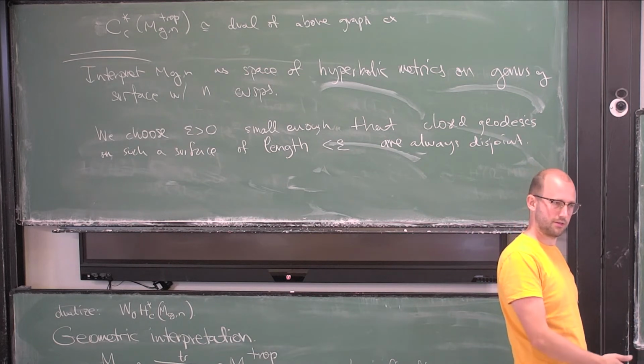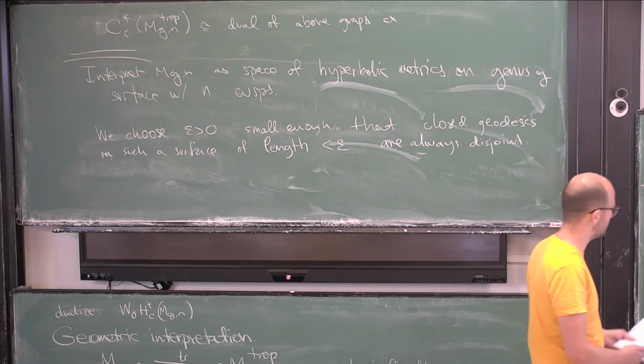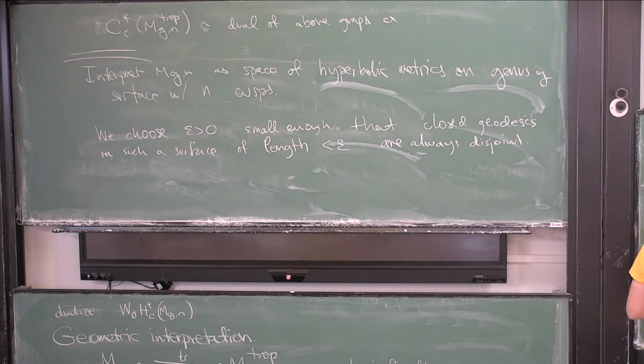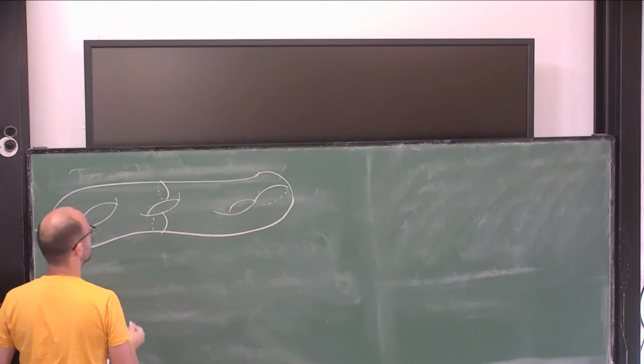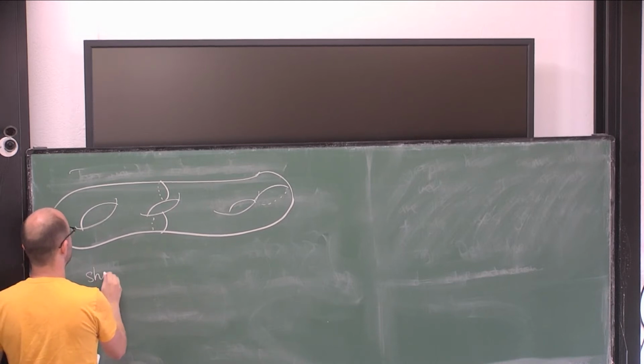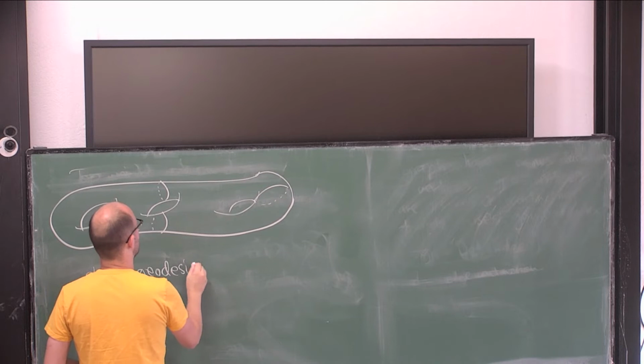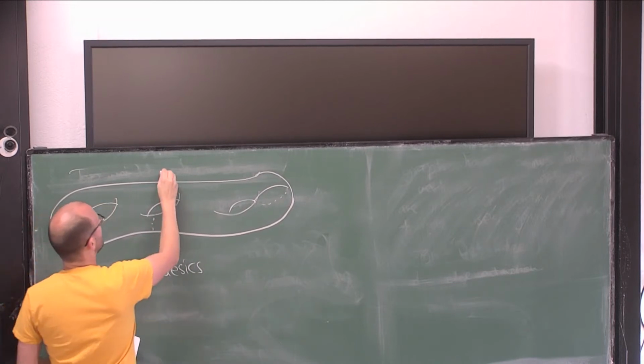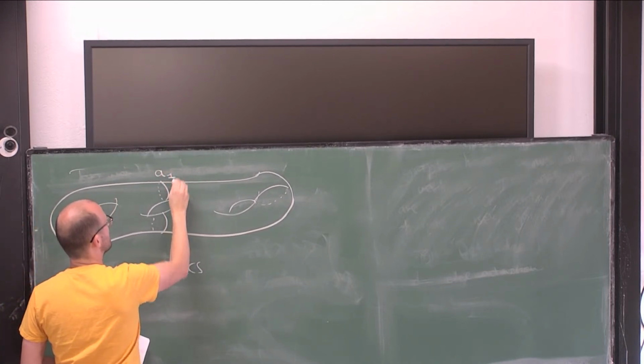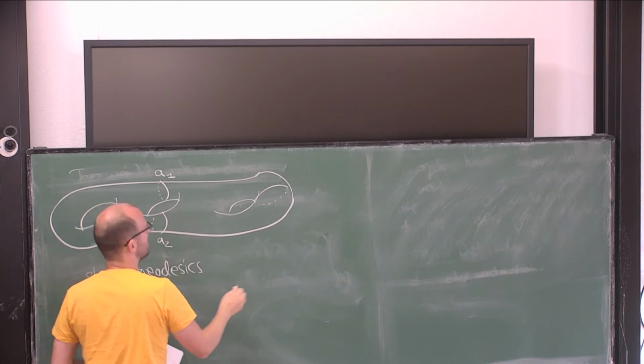What are the geodesics on the surface that are shorter than epsilon? Let's say that they look like this. I have one here, and here. So these are the short geodesics. And they have some lengths that I call a_1, a_2.